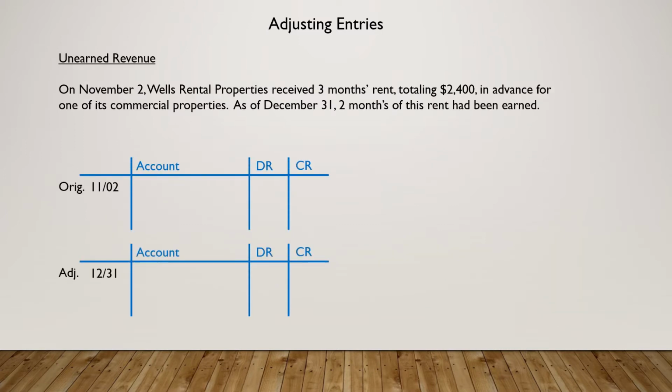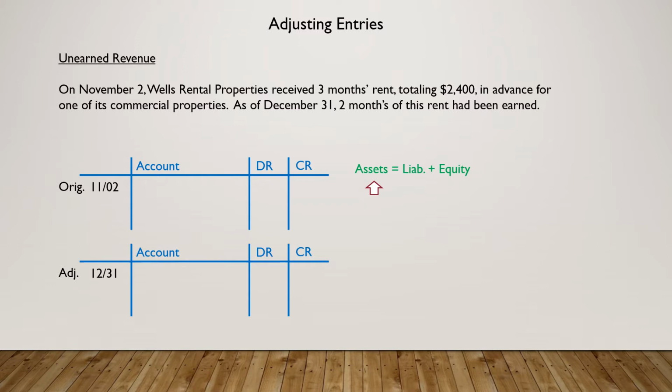On November 2nd, Wells Rental Properties received 3 months of rent, totaling $2,400 in advance for one of its commercial properties. As of December 31st, 2 months of rent has been earned. What's happening with this transaction? Wells Rental is receiving cash, which will increase assets.